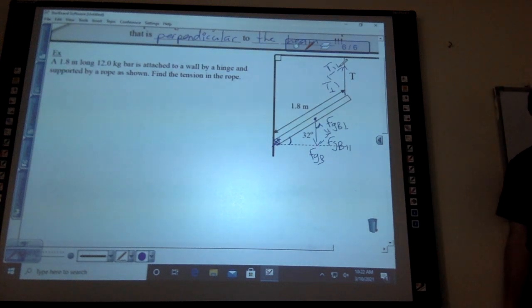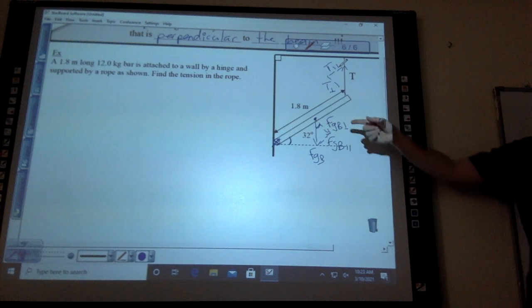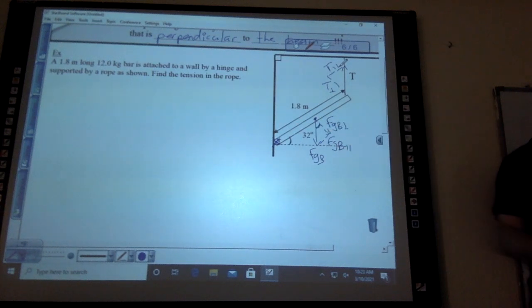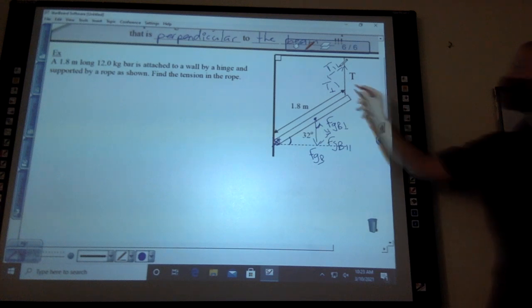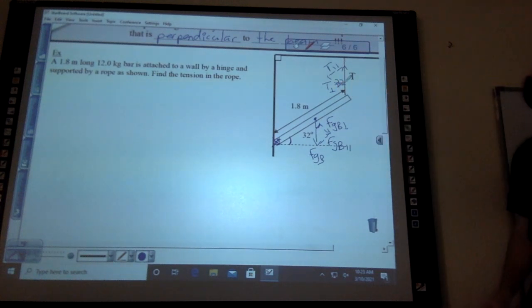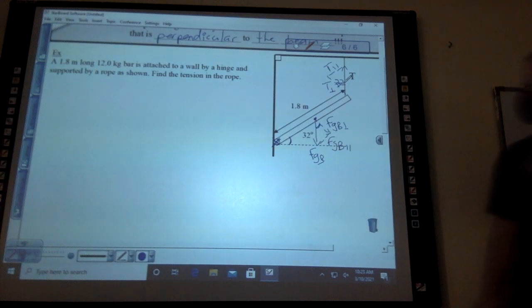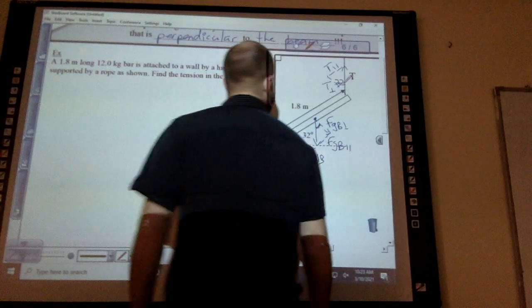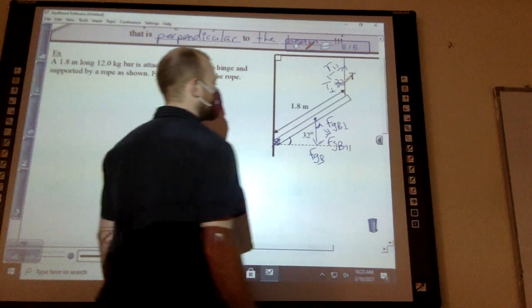And then how about with this one? Any guesses where it's going to be here? Where is my 32 degrees going to be in this one? On the bottom. There's a whole lot of calculation I can show with this.